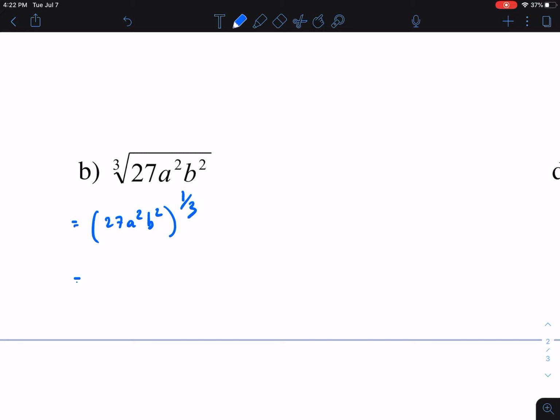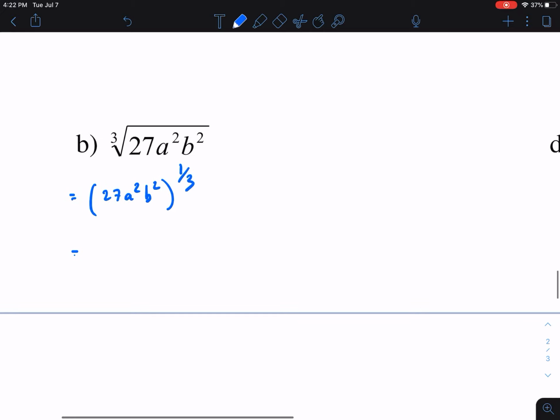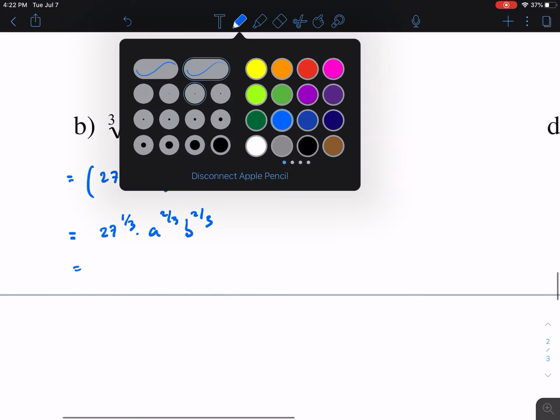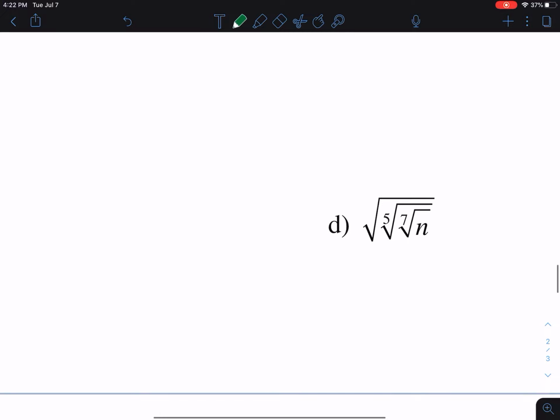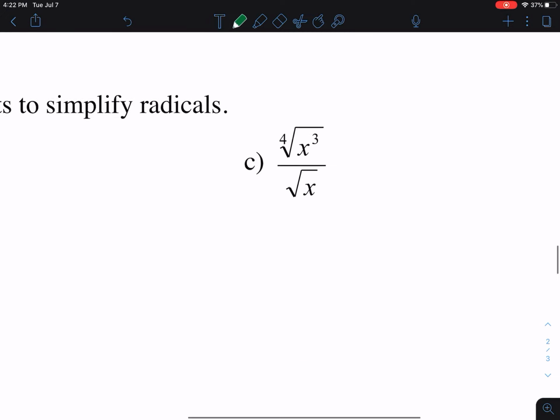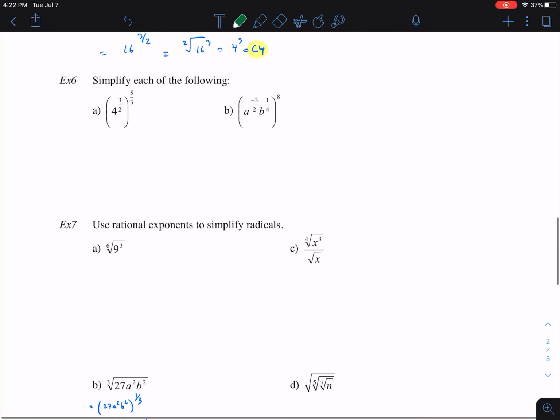And we can distribute the 1/3 to each of these terms. That becomes 27 to the 1/3, a to the 2/3, b to the 2/3. 27 to the 1/3 is just the cube root of 27, so that becomes 3, a to the 2/3, b to the 2/3. So you can write it like that if you want to. I'm going to let you guys work on this more and then come back with questions.